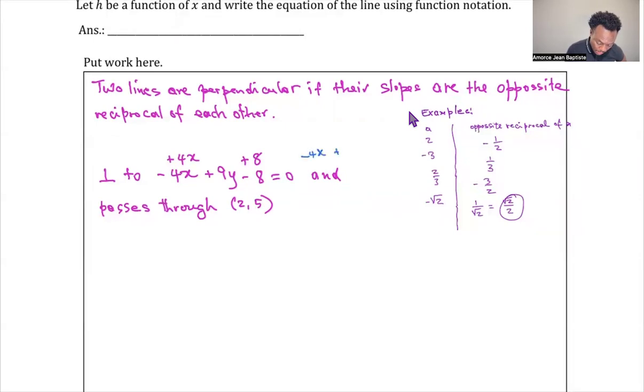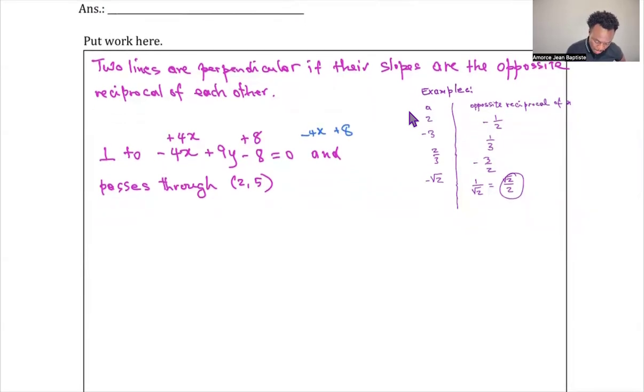-4x and -8 on both sides. So the new equation will be 9y equals, we need to add 4x on both sides, right?